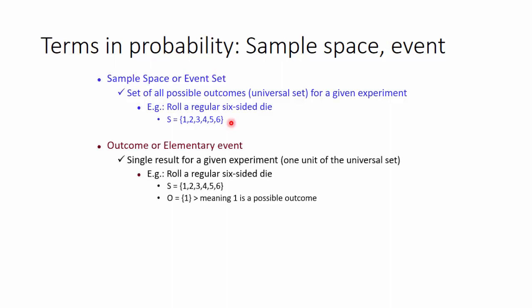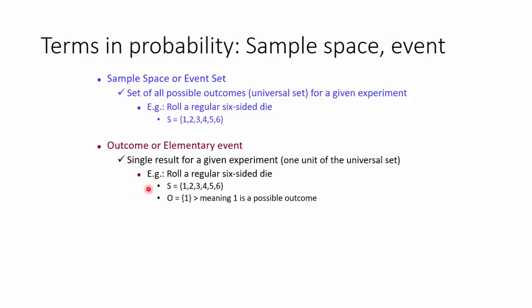We could also define an elementary event or a singular outcome. In this case, we are trying to define only one result of the given experiment, in the sense, only one element of the universal set.